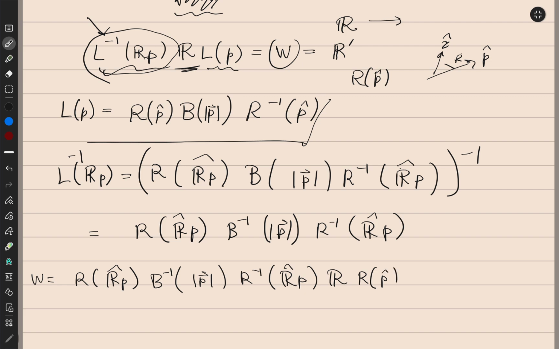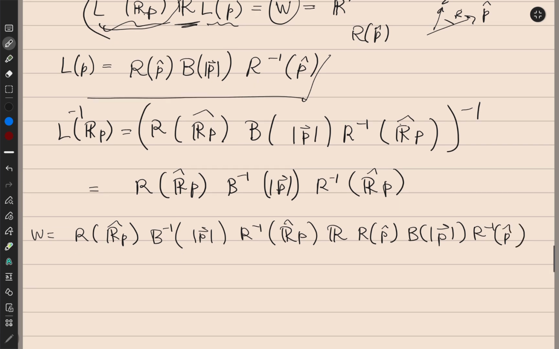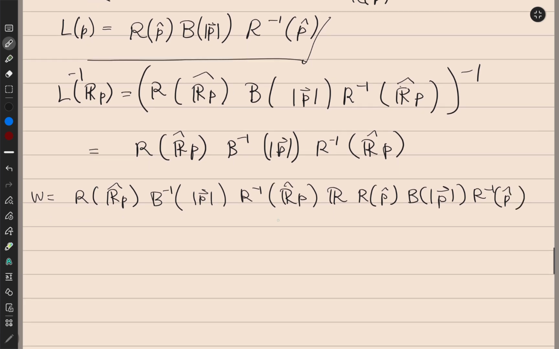R of p cap, B is the boost, R inverse of p cap. Now look at this B inverse and B. If this could commute with this whole thing, then I could eliminate these, but that's not necessarily true, but it is going to be true. But let's see this combination first, what this combination is.